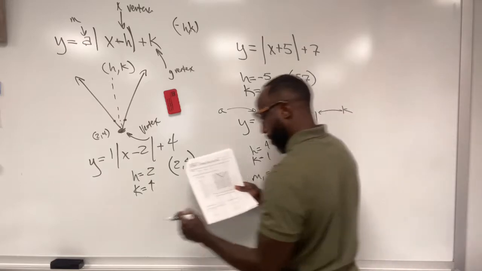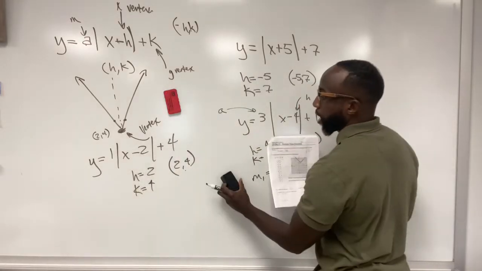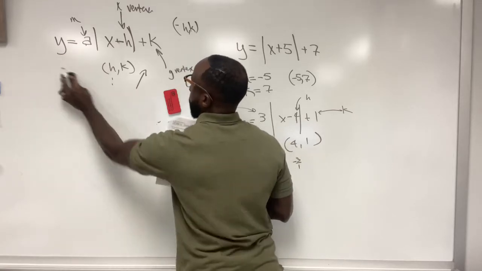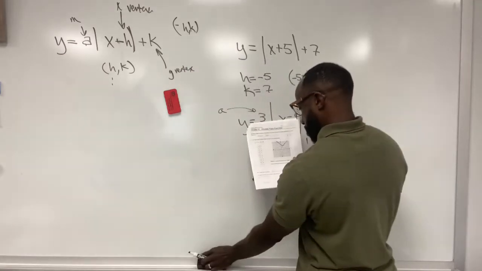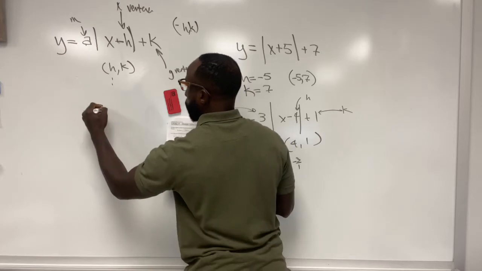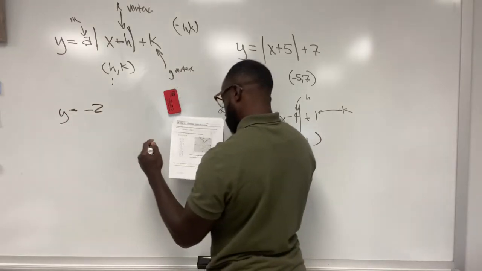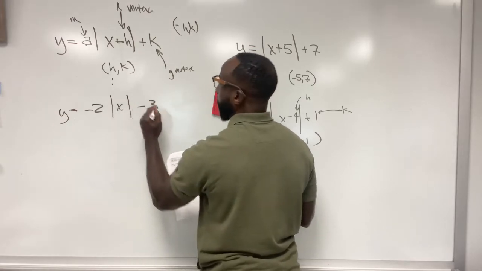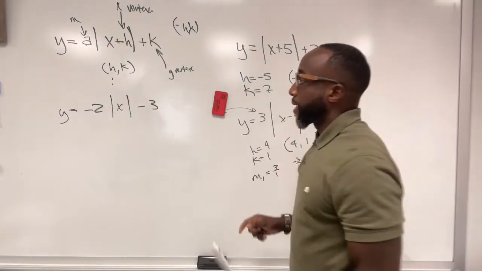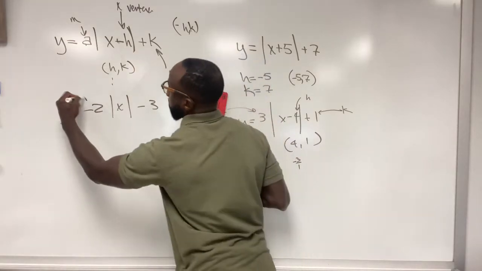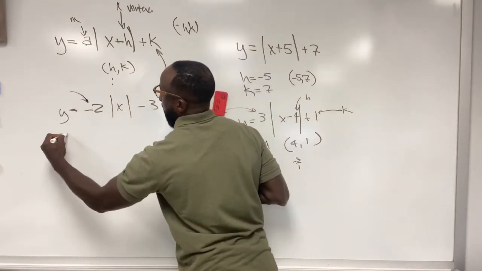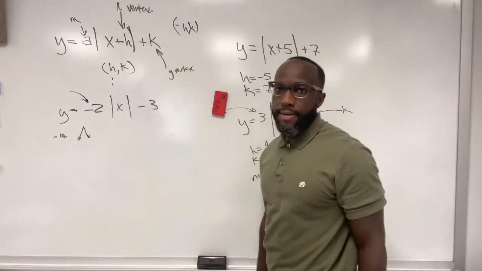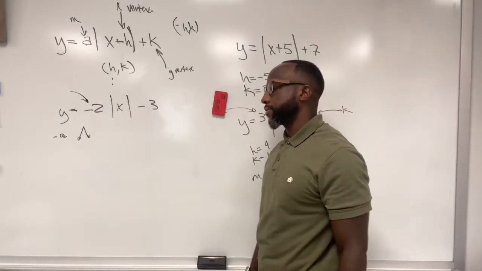Let's look at one more example here. Now, check this out. I have this situation where y equals negative 2 times the absolute value of x minus 3. Now, there's two things going on here. The a is negative. Since the a is negative, it's going to be an upside down absolute value graph, right?